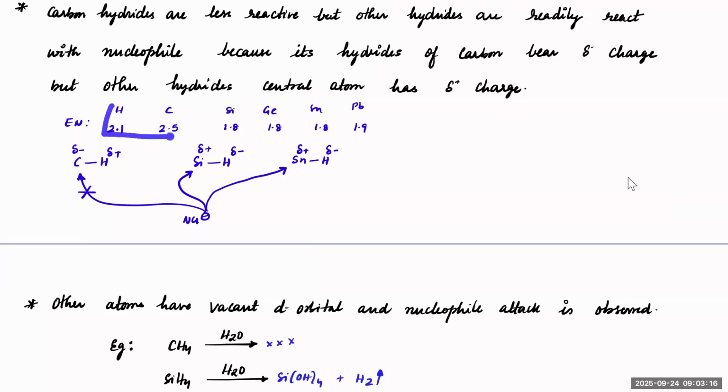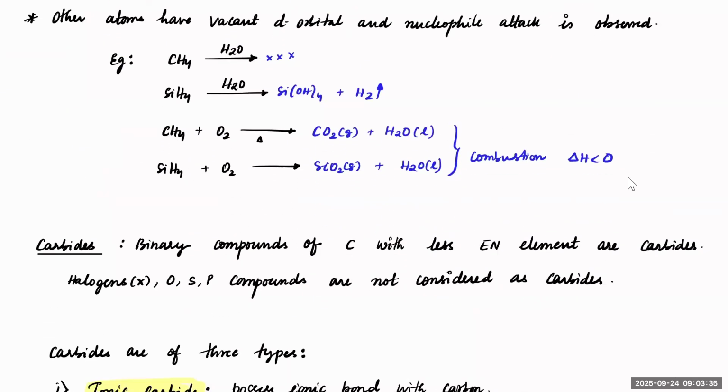Because you can see the electronegativity of all of them. Only when it is combining with carbon, hydrogen gets delta positive. But with all others, it will have delta negative. You can see with silicon, with tin, it will usually have delta negative sign on it.